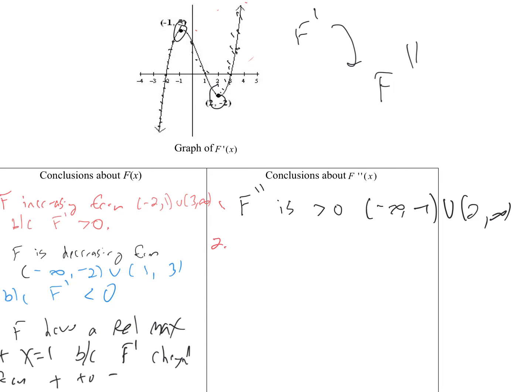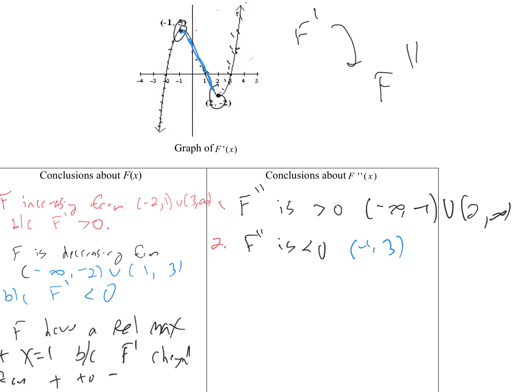The second thing I noticed is that the second derivative is less than 0 on that third interval where the derivative of the derivative is negative because it's decreasing. So that's from the negative 1 to the positive 3.